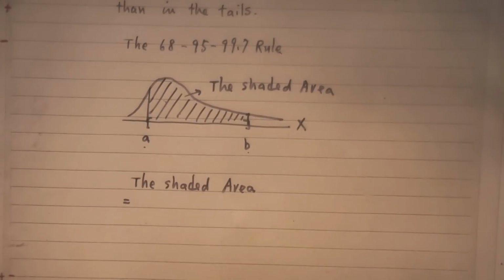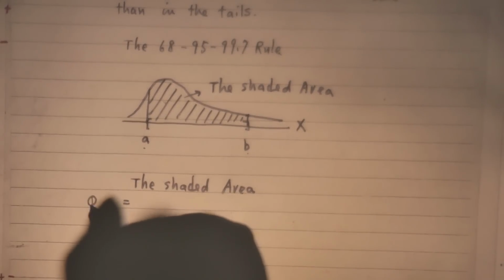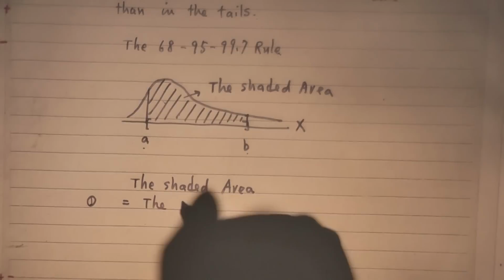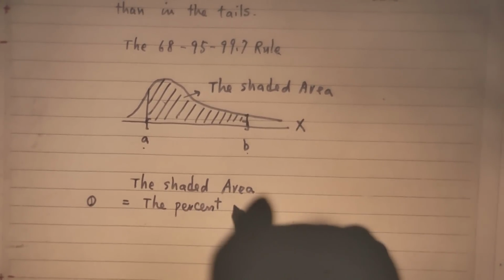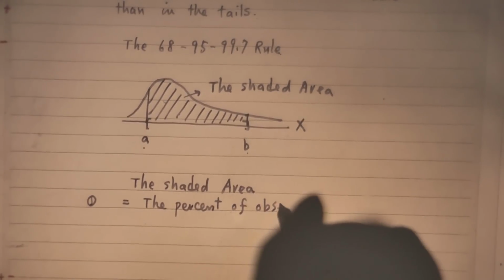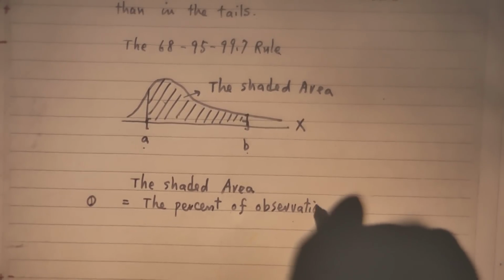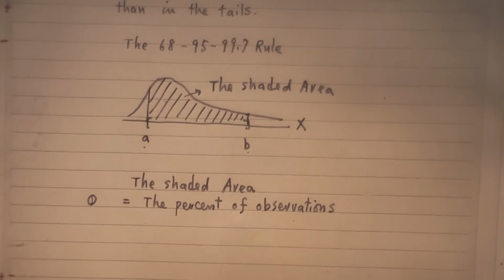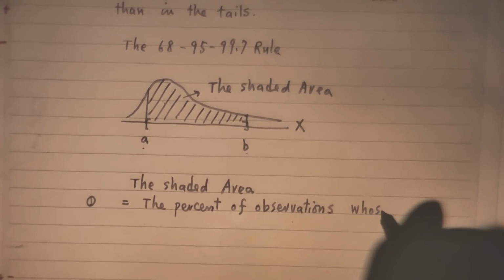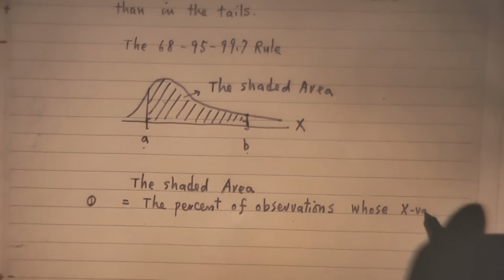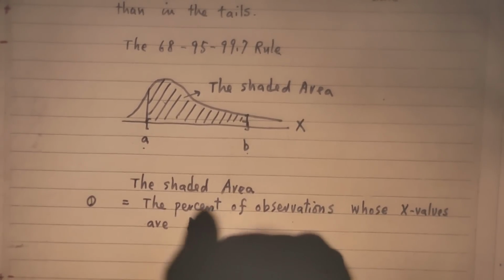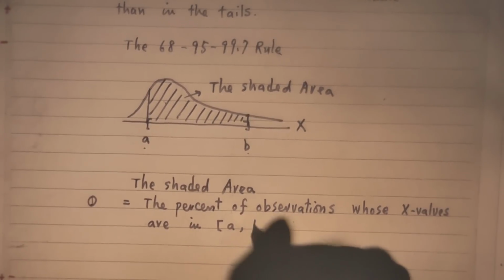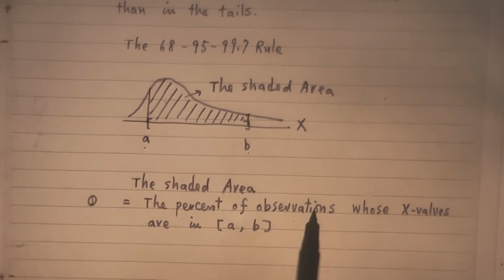The first one is a percentage: the percent of observations whose x values are in the interval A to B.